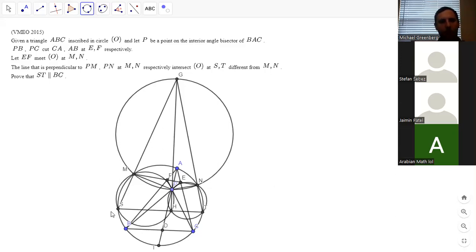So I guess another way to say that is H is the intersection of the circles PMS and PNT.